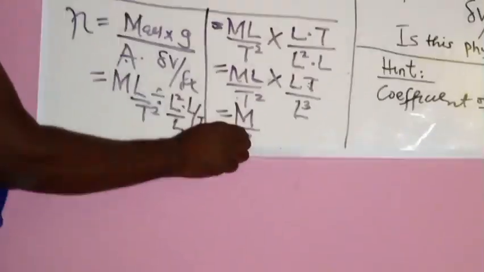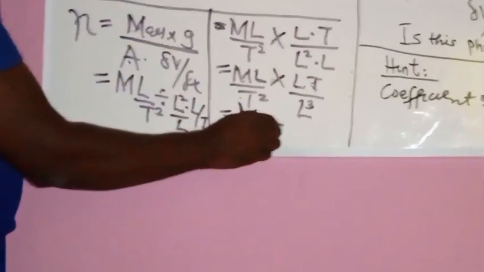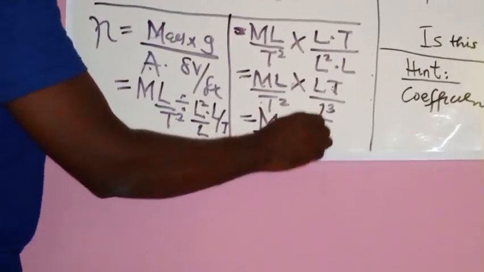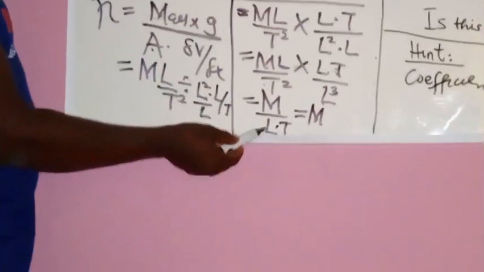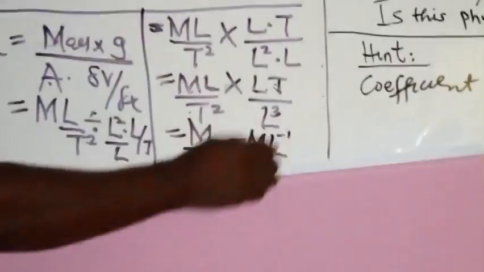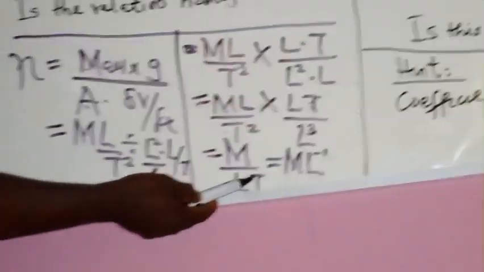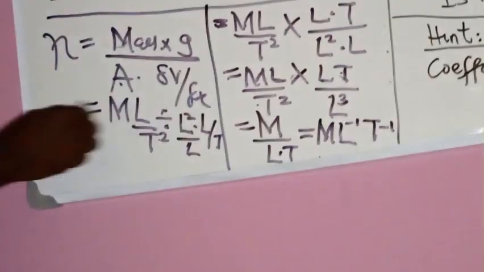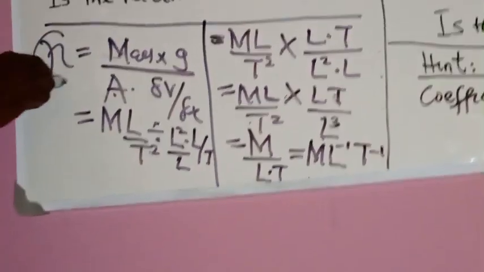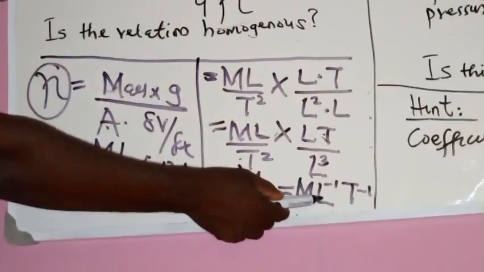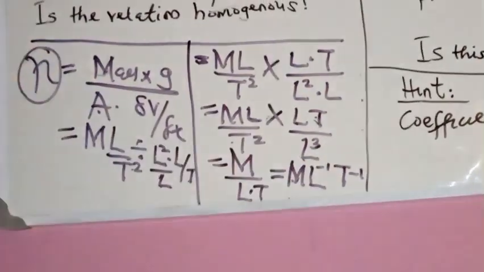It will cancel, and it will remain 1 down here. Now I want to take everything up. That is M. If I take this L up, the exponent is 1, that will be L per L. If I take this T up, it will become per T. So dimensionally, this coefficient of viscosity is M per length per time.